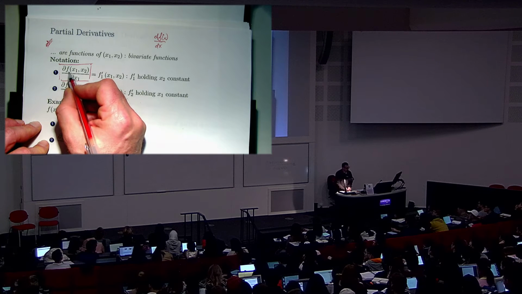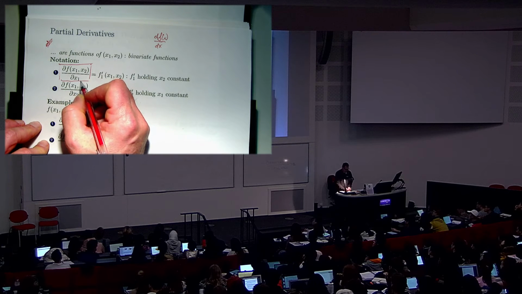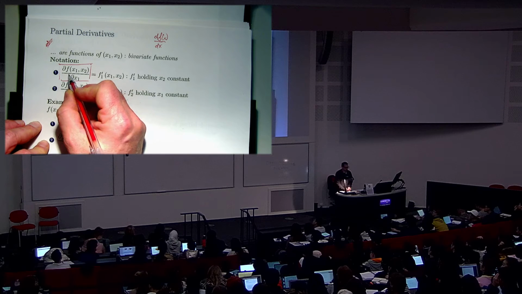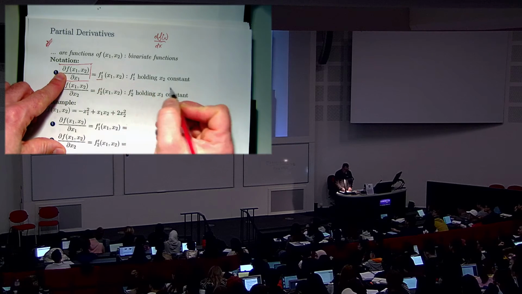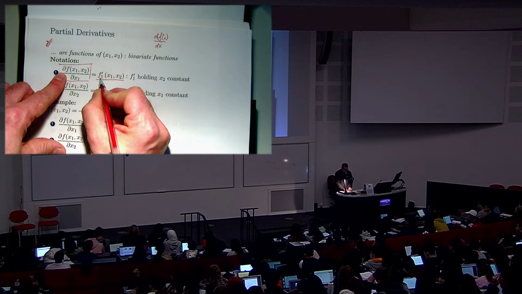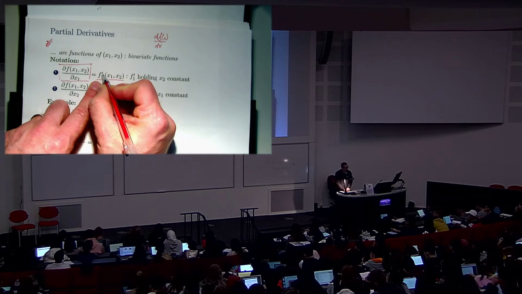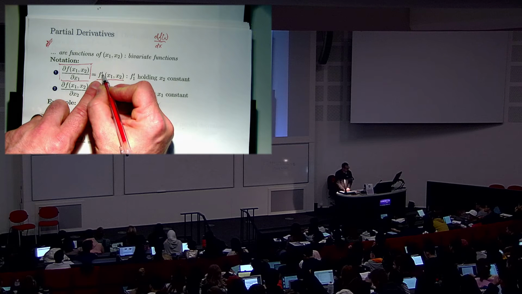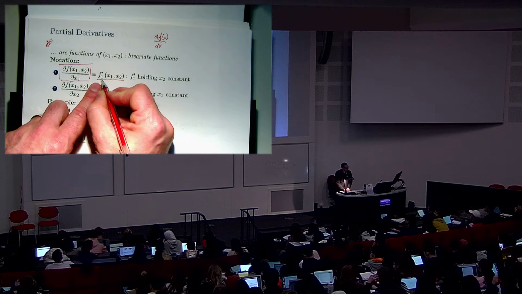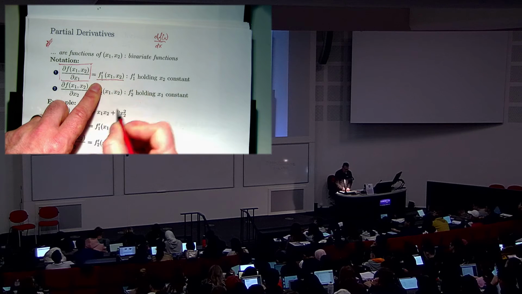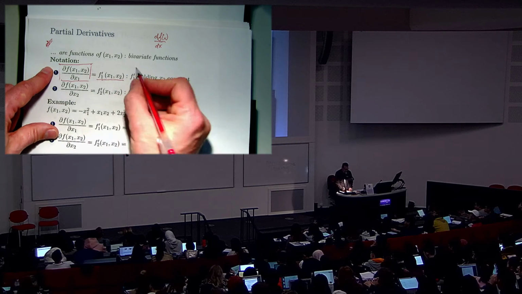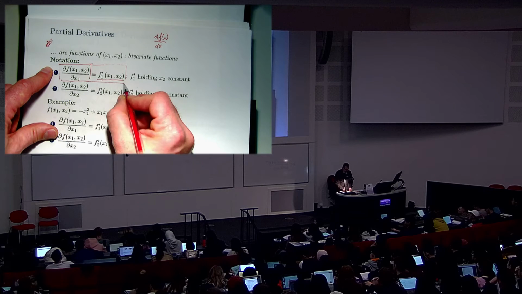Anyway, we call it del f over del x1. It's a different notation, we can also call it f prime, prime for first derivative as before, with respect to x1. This is the same thing, just two different forms of notation.